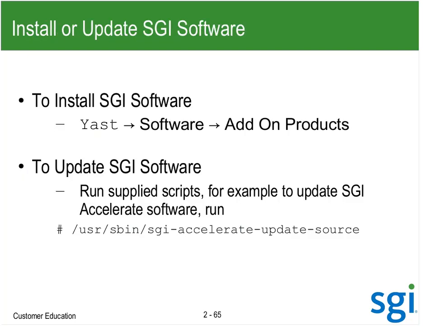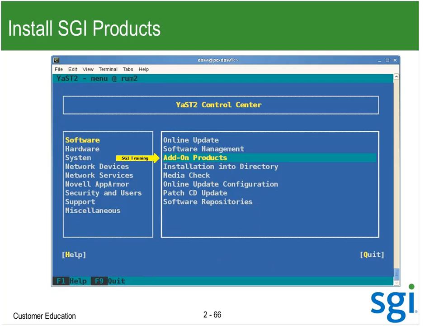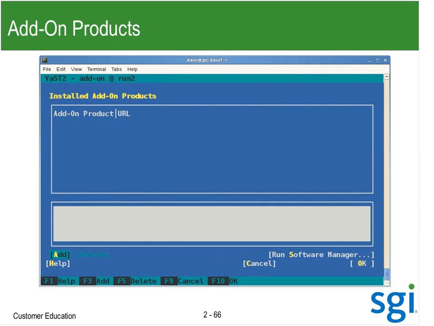Next, to install or update your SGI software, we're going to go into YaST Software Add-on Products. And then there's also some more scripts that come with the distribution to add in the update source, the update.sgi.com. So to install the SGI products, we've gone into add-on products here. And then we're going to do an add.